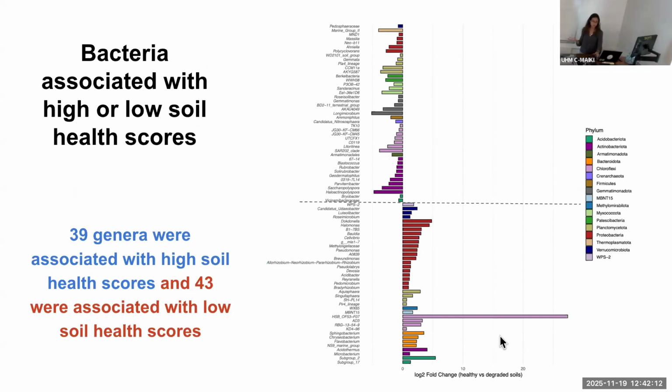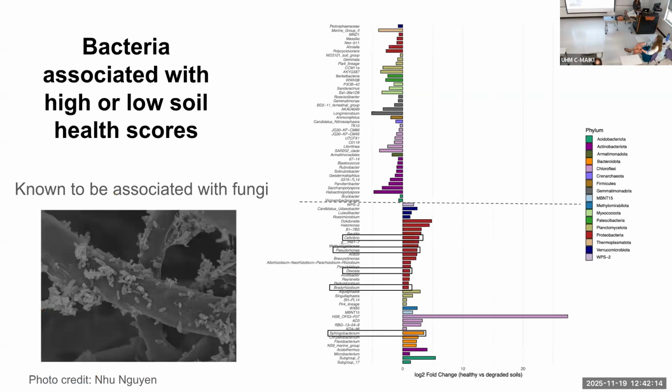I'm not going to talk too much about this, but one interesting thing that we found is that some of these bacteria, such as Salvibrio, Pseudomonas, Devolia, Bradyrhizobium, Sphingobacteria, are bacteria that are normally found in soil samples, but in the literature, they're also known to be associated with fungi, and they're part of the group that is associated with high soil health scores.